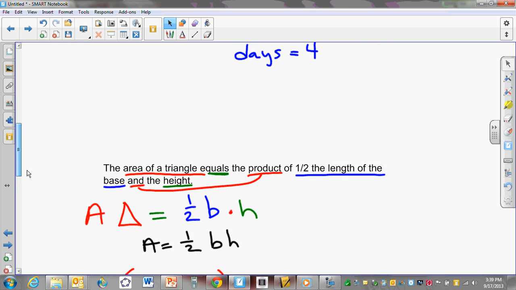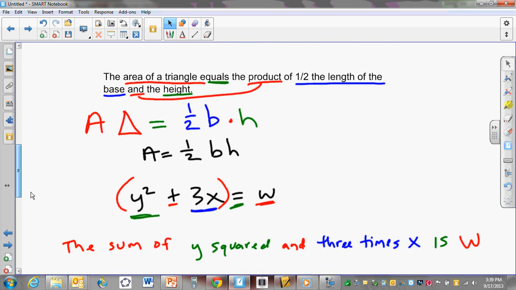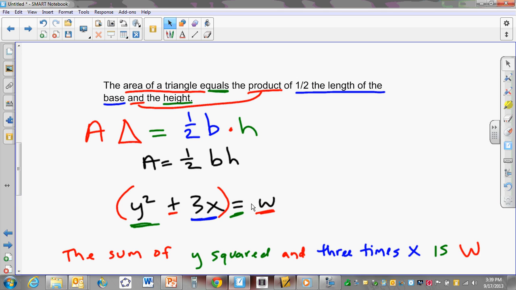Then you will have formula stuff. Ignore this right here momentarily. They will say a formula that you should already know that we went over. The area of a triangle equals the product of half the length of the base, and the height. So we write down what we know.